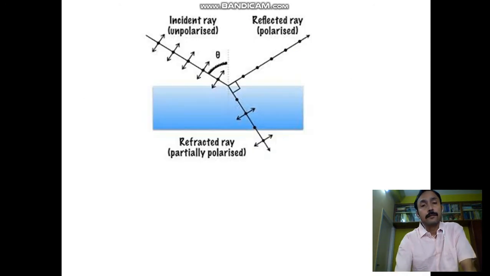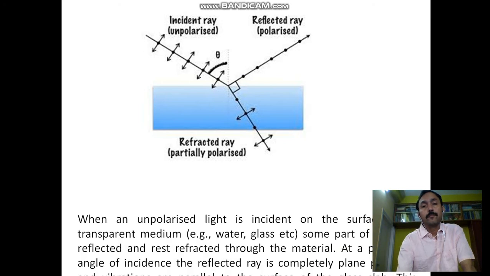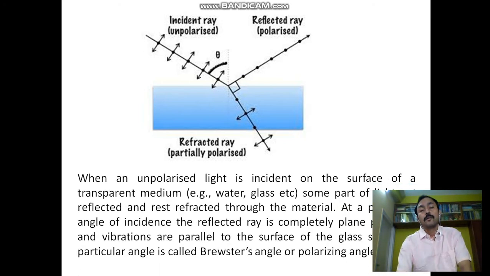This is the incident ray falling at an angle of theta. When unpolarized light is incident on the surface of a transparent medium, for example water, glass, etc., some part of the light is reflected and some part is refracted through the material.